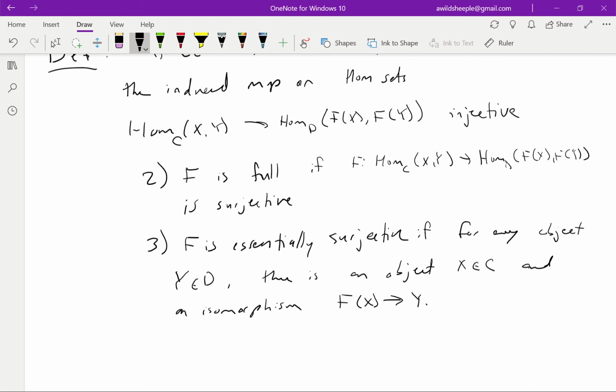So in other words, F doesn't have to actually hit y, but it does have to hit something isomorphic to y.